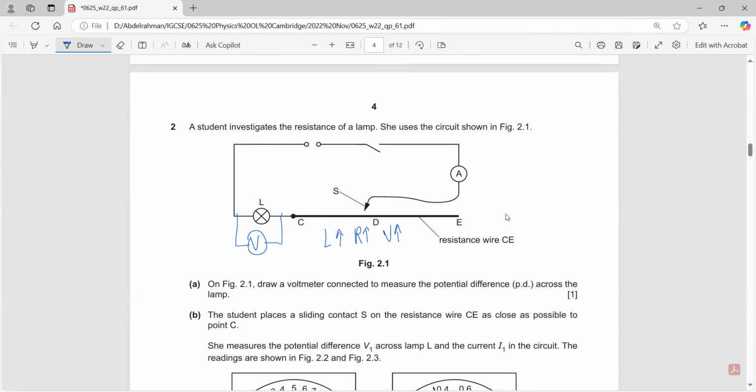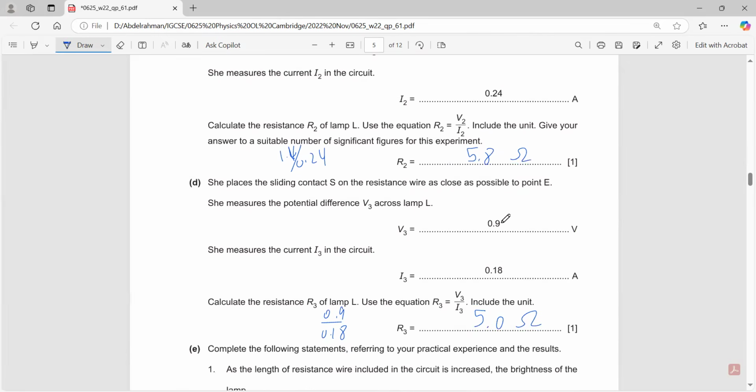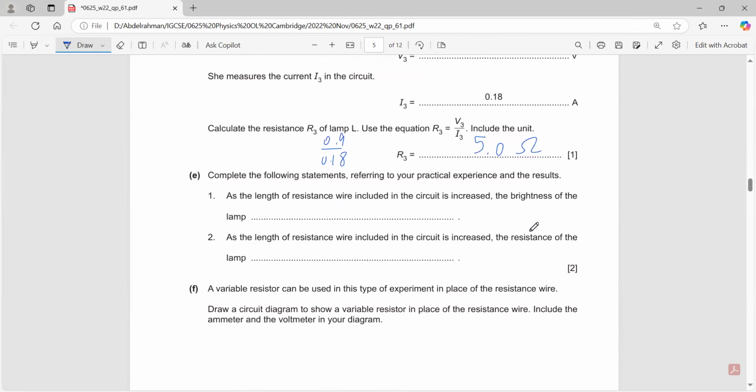So when the voltage or the potential difference of this wire increases, what happens to the potential difference of the lamp? It decreases. Potential difference of the lamp decreases, and therefore the brightness of the lamp also decreases. Brightness is directly proportional to the voltage or the potential difference. So he's asking what happens when the length of the wire increases.